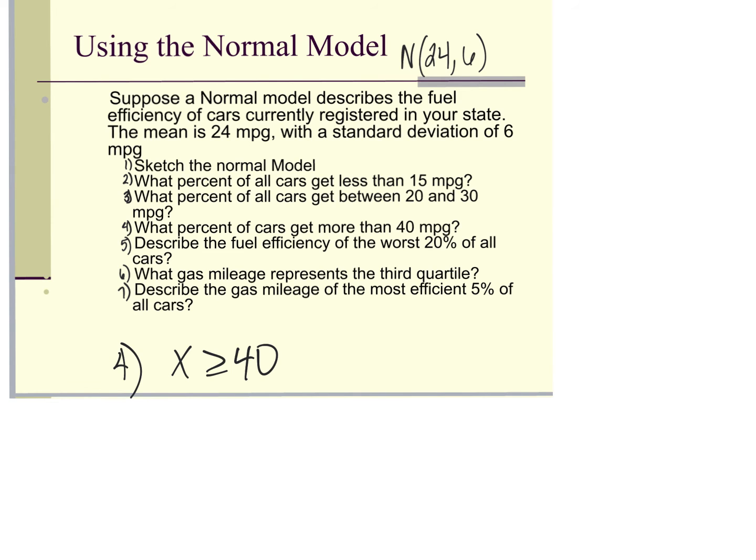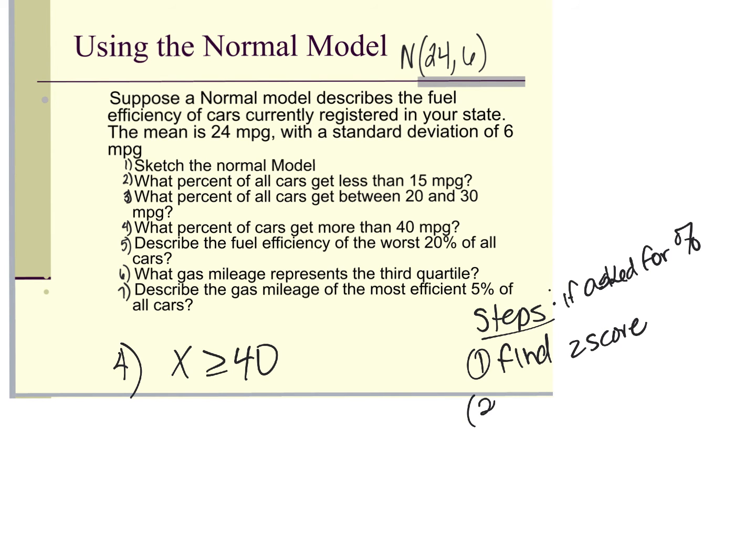What percent of all cars get more than 40 miles per gallon? So that's x is greater than or equal to 40. Okay, you're going to find the z-score. Your steps are find the z-score, and then use normal CDF to get the percent.